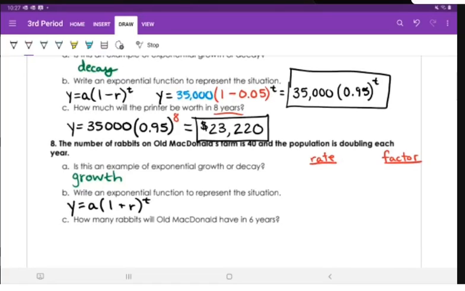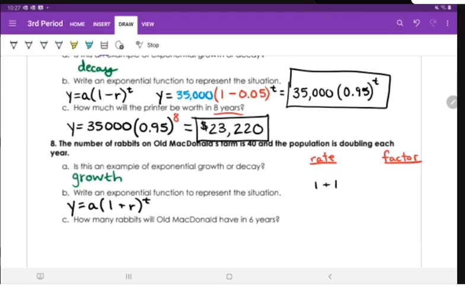If our population is doubling, that means we take our starting population, which is 40, and we add another 40 to it to double it, right? So we would take 40 plus 40 and we'd get 80, and that's how you double something. So what you're doing there is you're taking 100% plus 100%. For our rate to double something, you take 100% plus 100%, which is the same as taking 1 plus 1.